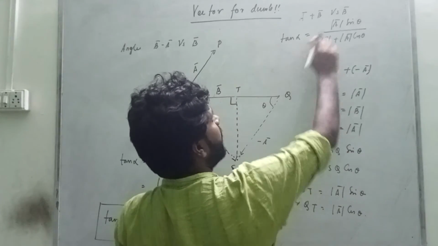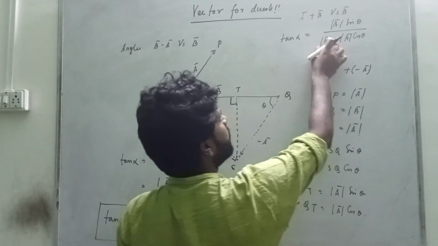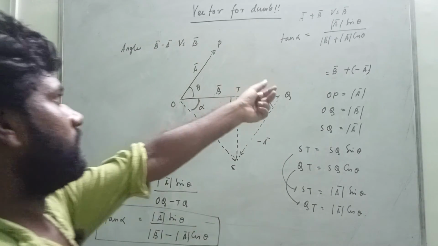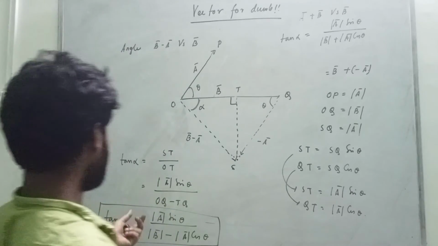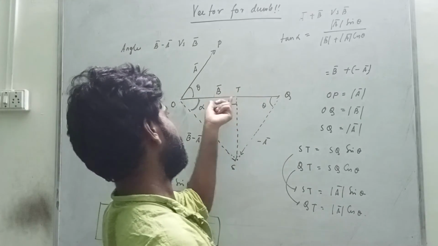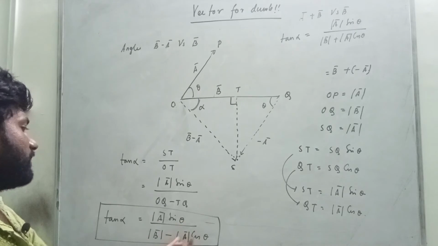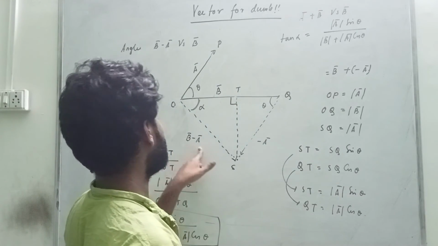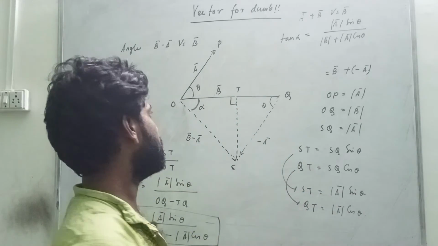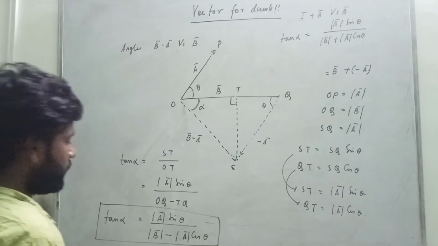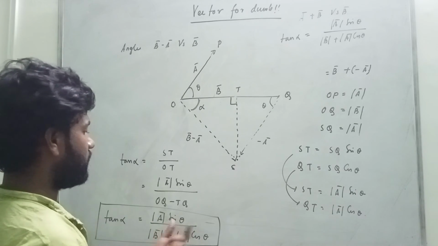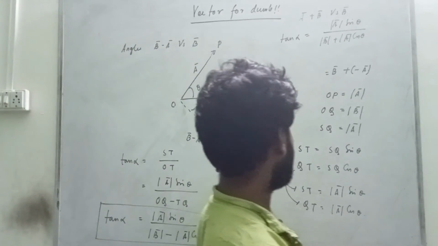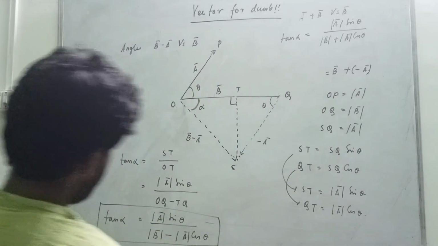For B minus A with B, B goes to nu here, and A sin theta minus A cos theta. And if I calculate the angle between A minus B with B, same will happen: B goes to nu, A sin theta by B minus A cos theta, right? So these are all of these things here.